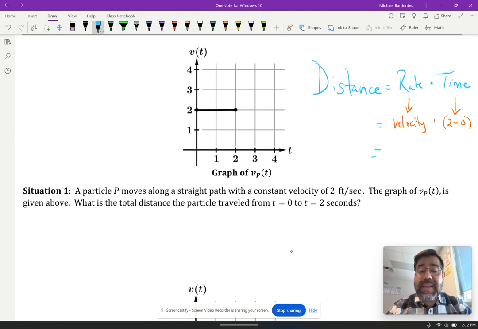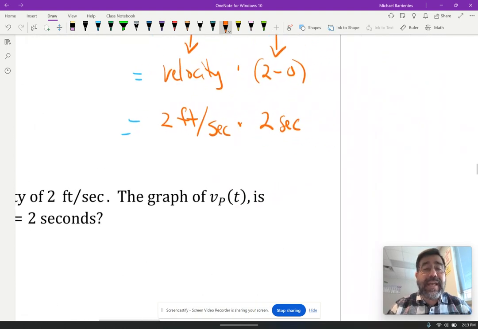The velocity doesn't change. It's always 2 feet per second, times the time. Well, the window of time was from 0 to 2, so that's 2 seconds. If you look carefully and do some unit analysis, if I'm multiplying this unit times this unit, here I'm dividing by seconds, here I'm multiplying by seconds.